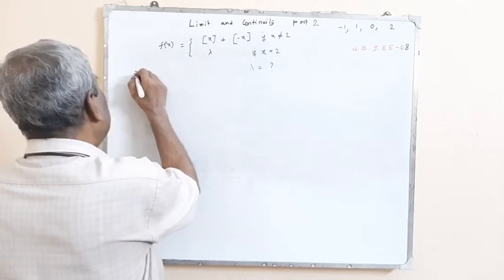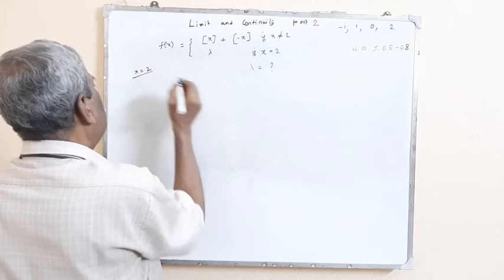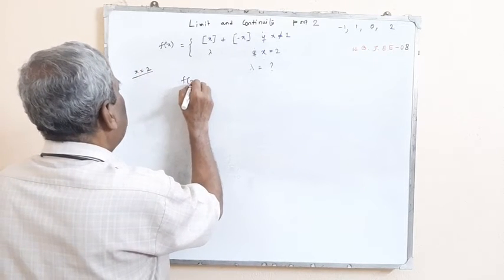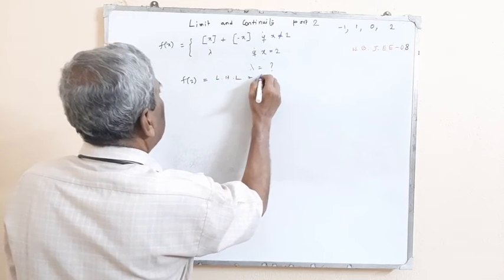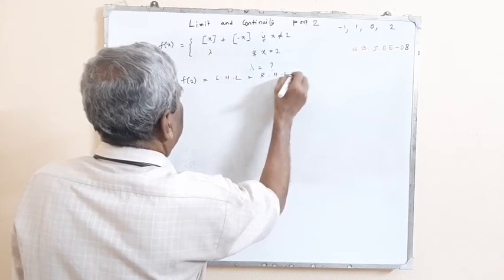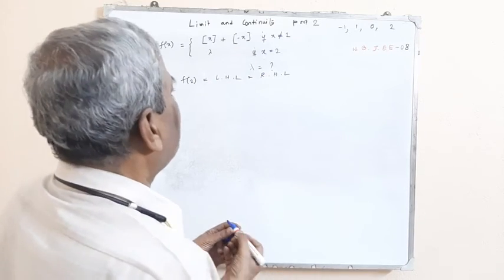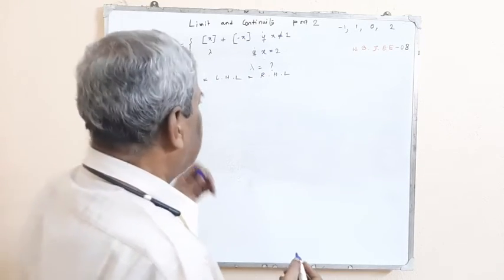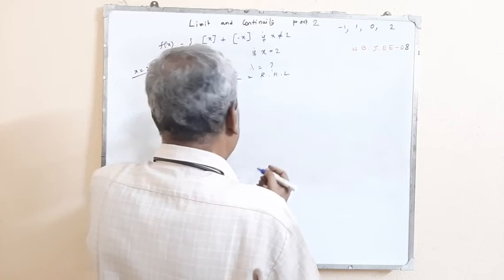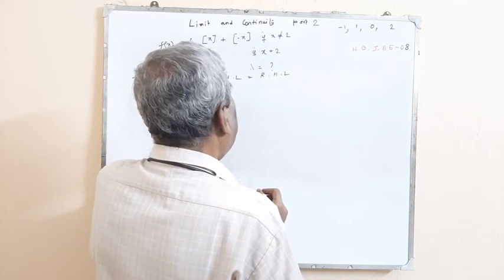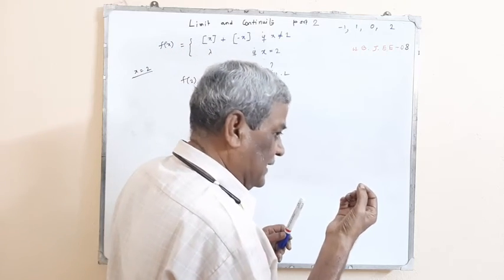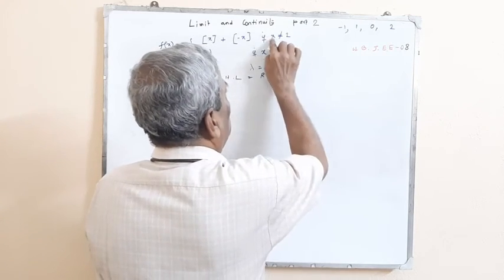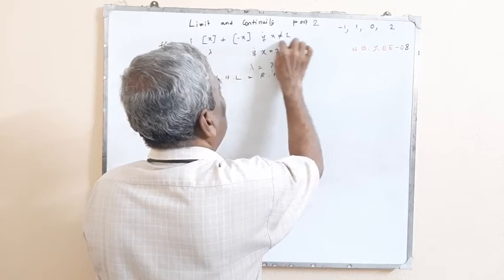Because it is continuous, f(2) must be equal to the left hand limit, which is equal to the right hand limit. When we get the left hand limit, when x is just less than 2, we can obtain the value from here.